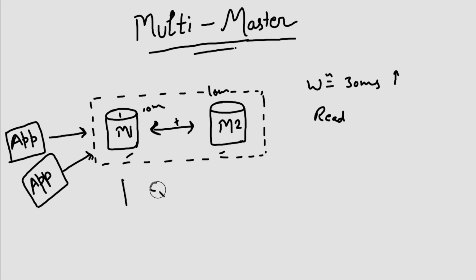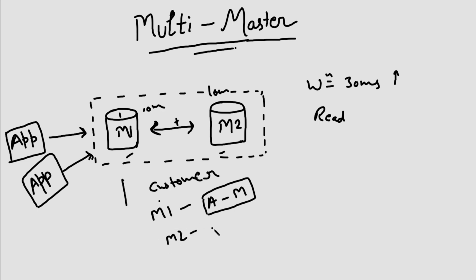So if customer data is present among these two databases, then M1 will be responsible for, let's say, customer names A to M, and M2 will be responsible for N to Z. This way we can shard the data set among these two servers, and if any request comes to any of these applications, depending on the initial, the request will be forwarded to the corresponding database.